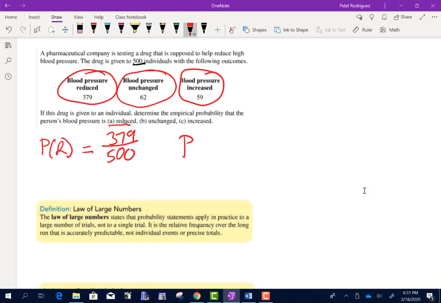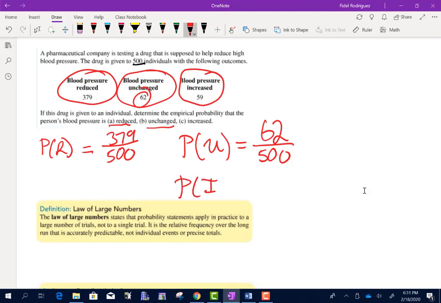Part B, what is the probability that their blood pressure is unchanged? Out of the 500 individuals, 62 of them were unchanged. And the probability that the blood pressure was increased: out of the 500 individuals, 59 had an increase in blood pressure, okay?